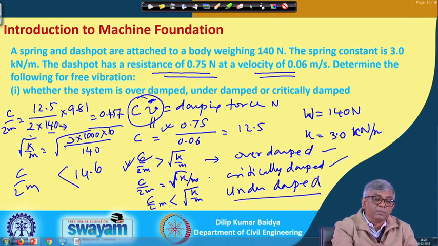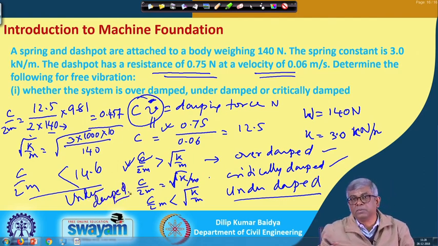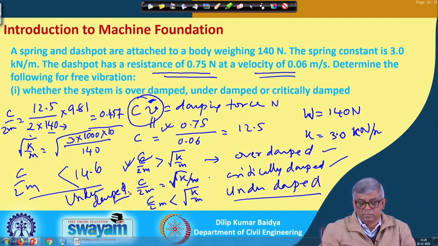Then I computed C by 2m and under root k by m, and we can see that this system is under damped. What is the meaning of it? Under damped means that oscillation will be there.